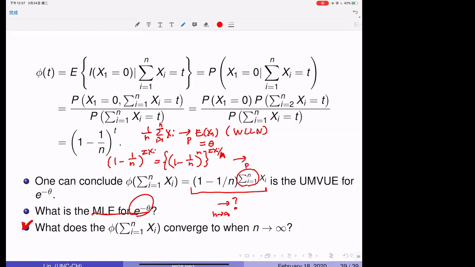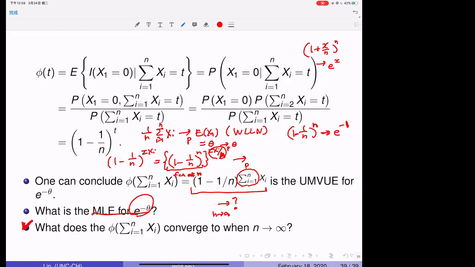Okay, and then I know it goes to where? Really easily, because I know this guy right here goes in probability to theta. Then the inside guy is a function of n as well. And if you remember our homework, this one goes to what? There's no probability, only a sequence. It goes to exponential minus 1. The whole thing is actually 1 over x divided by n, then n goes to exponential x.